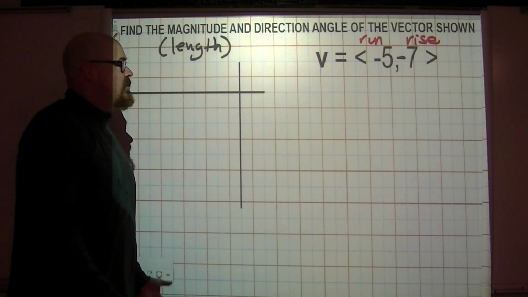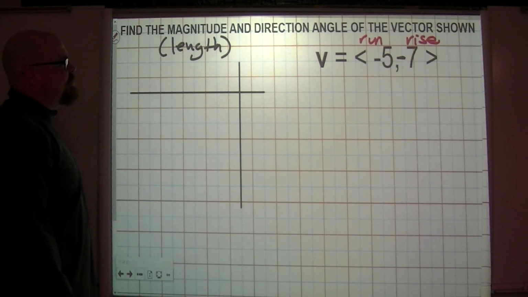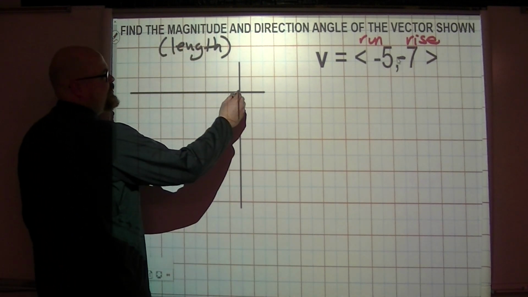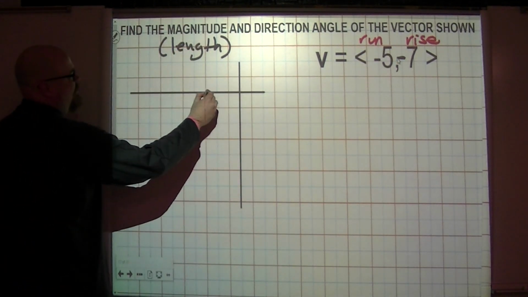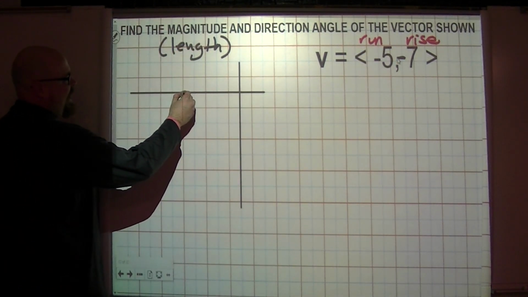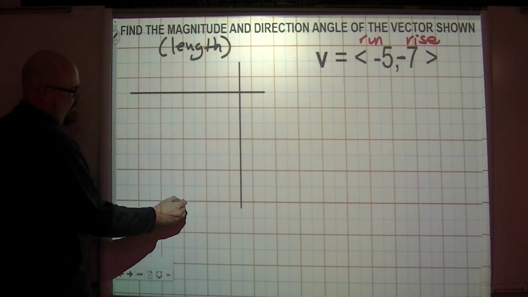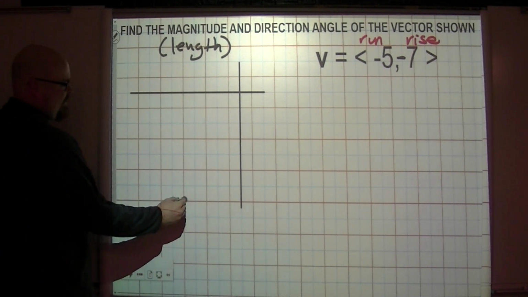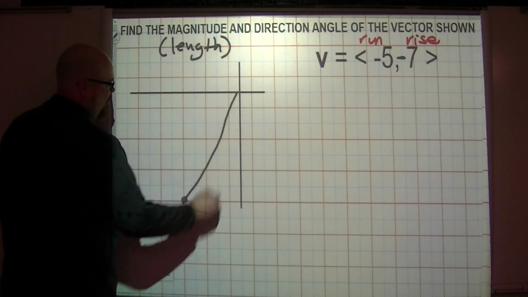But they're the run and the rise if you relate it to what you talked about back in Algebra 1. And in order to graph this, we start at the origin and we move this far to the left and that far down. So if we go 3 and 5, and then come down 3, 5, 7, down to here, this is our terminal point, we connect this to there.